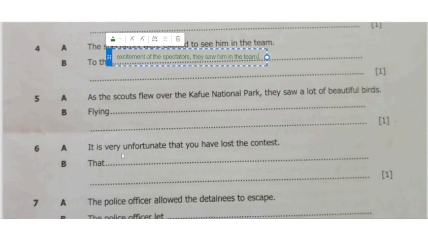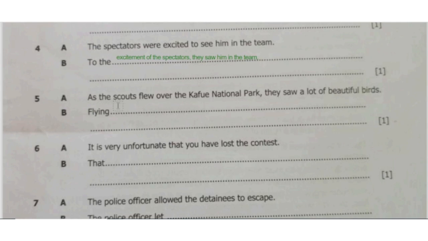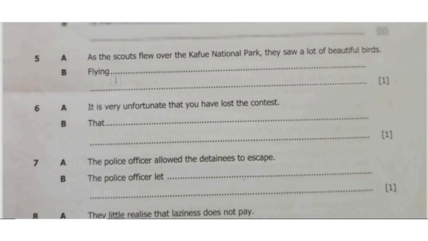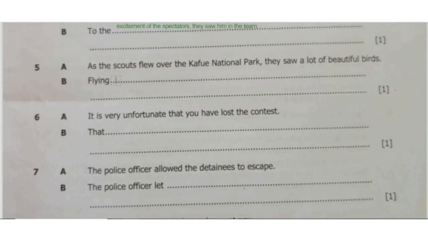We go to number 4. As the scouts flew over the Kafue National Park, they saw a lot of beautiful birds. So here we're going to say, flying over Kafue National Park, the scouts saw a lot of beautiful animals.